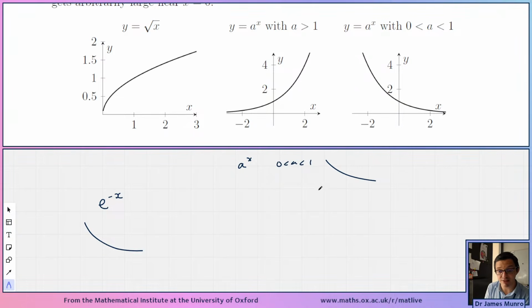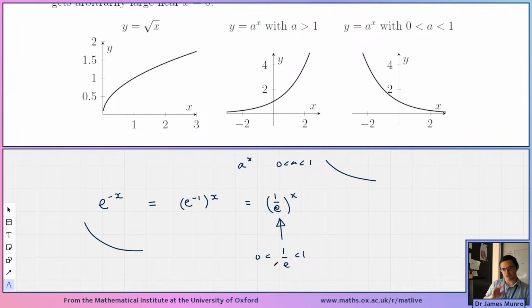These have got pretty similar graphs because this thing is e to the minus 1 to the x, that's a power law, and then I can write that as 1 over e to the power of x. This thing in the brackets here, 1 over e, is between 0 and 1, so maybe that's why this is an example of a graph like the one on the right, where it's decaying down like that.